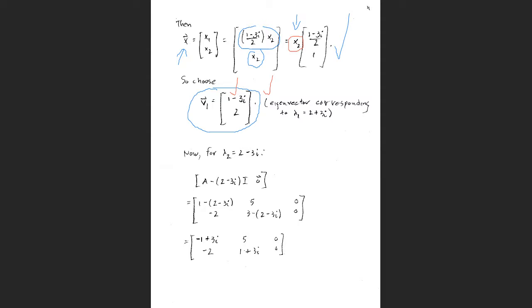So what did I have to let x2 equal here to get eigenvector V1? x2 is a free variable, right? That's right, Nafani. Let it equal 2. So I found one eigenvector.